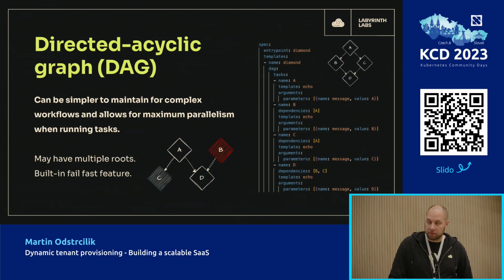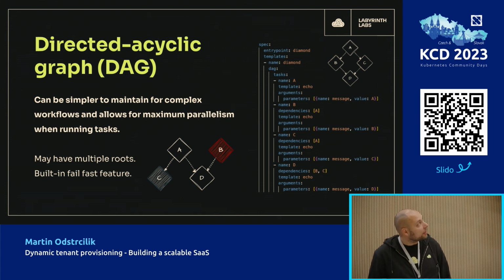If you have a complex workflow, or you want to maximize the throughput by running tasks in parallel, you could use directed acyclic graph, DAG, to order tasks within the workflow. So on the right side, I have an example how that would look like in Argo Workflows notation, and it's basically a diamond.